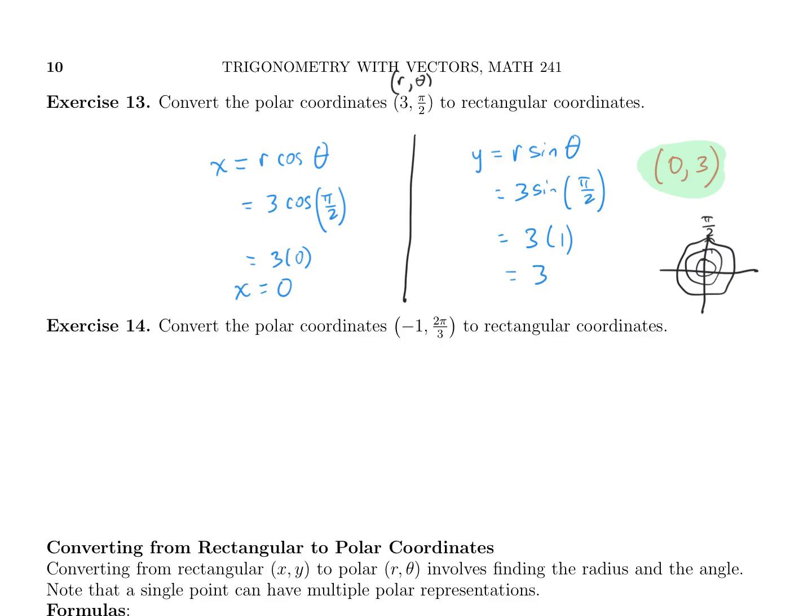Sorry, that should be a 3, not a 2. So that would be right here. And as you can see, if this were a Cartesian or rectangular coordinate system, 0, 3 would be in the same exact position as this point. So these two points should basically be in the same exact spot.